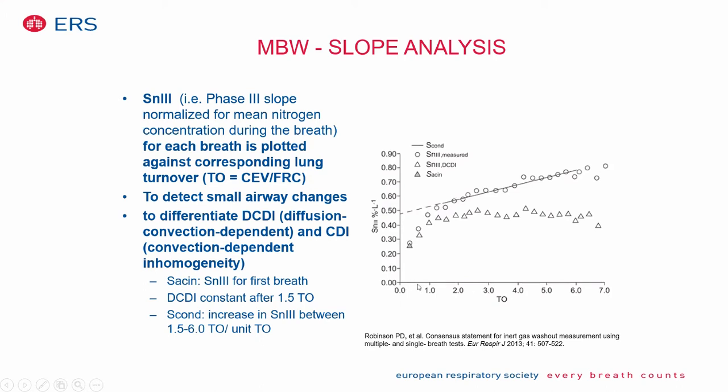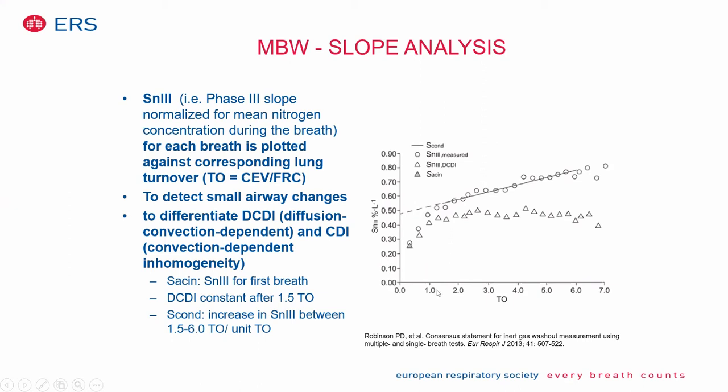And if you plot these breath by breath during the washout, here you have the lung turnovers. So imagine there's tidal breathing in, out, in, out, 7 times for a healthy lung to completely empty the lungs. Then you will see a low slope 3 here at the very beginning, and then a continuing increase towards the end. And this phase 3 slope analysis helps you to describe small airways changes.